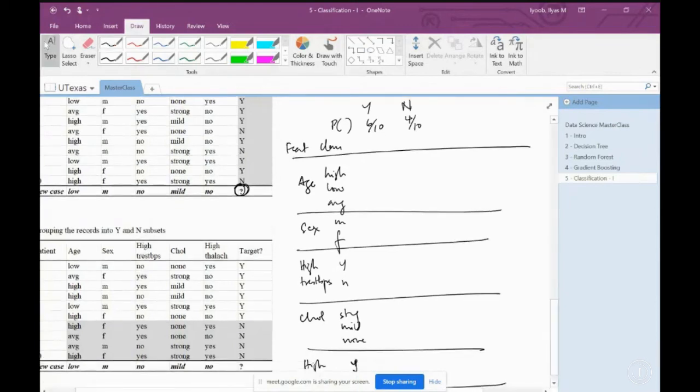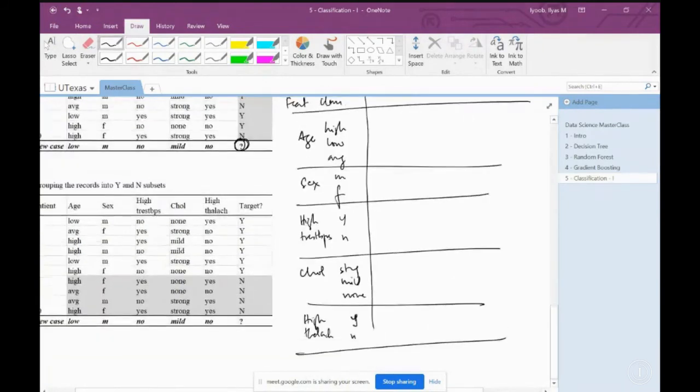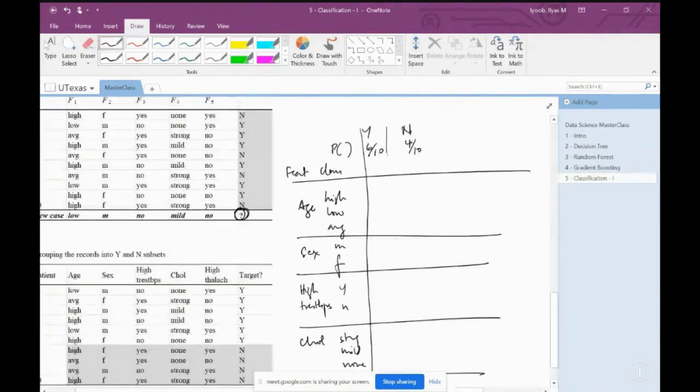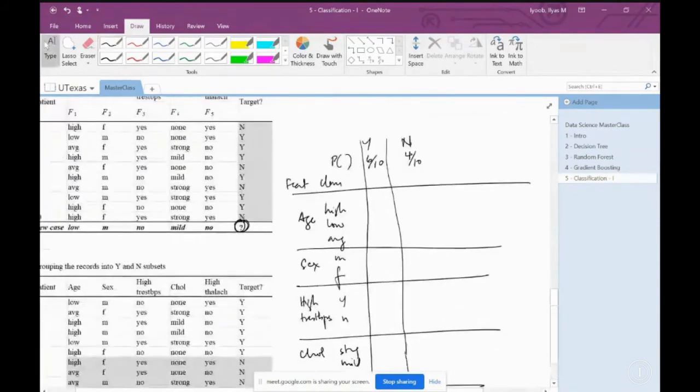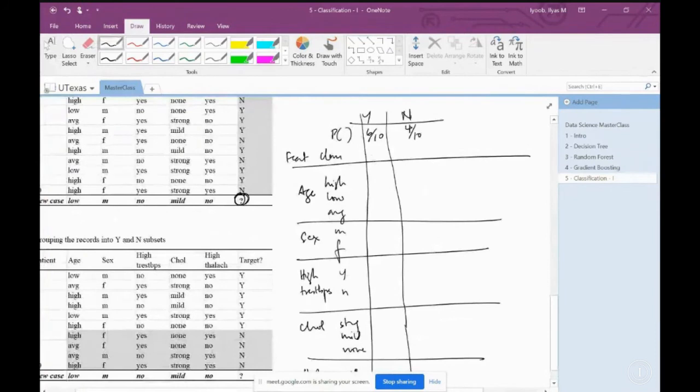Now, out of all the people that have the disease, let's look at all the yeses. How many of them have a high age? We're looking at this set now: 1, 2, 3, so 3 out of 6.